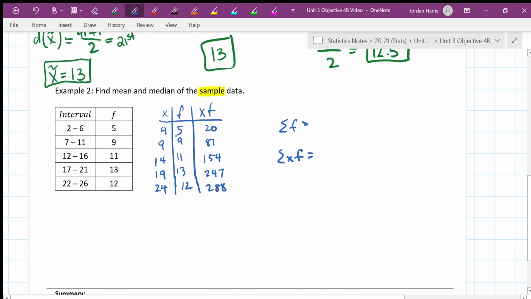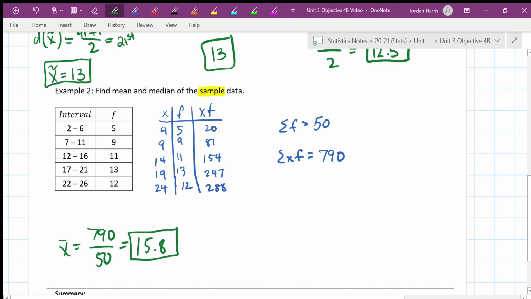Sum of f, add up all the frequencies. I have a total of 50 data points. Sum of xf is the sum of all the data points, and that's 790. So my sample mean, x bar, is 790 divided by 50, which is 15.8. Don't have to round that one. It's exactly 15.8.